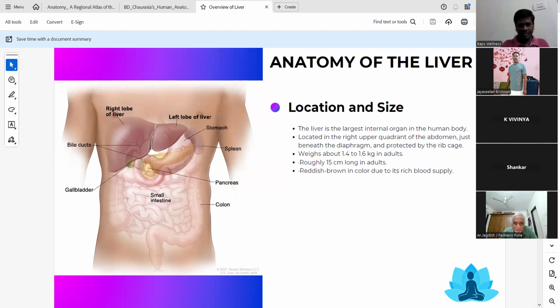That's why I've given the weight and size. And it is reddish brown in color. Normally, in a healthy person, the color of a liver is reddish brown, and this is because of its rich supply of blood.